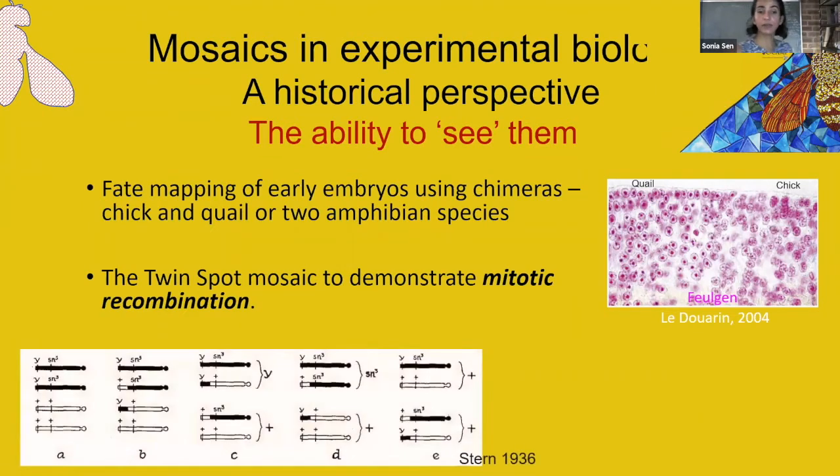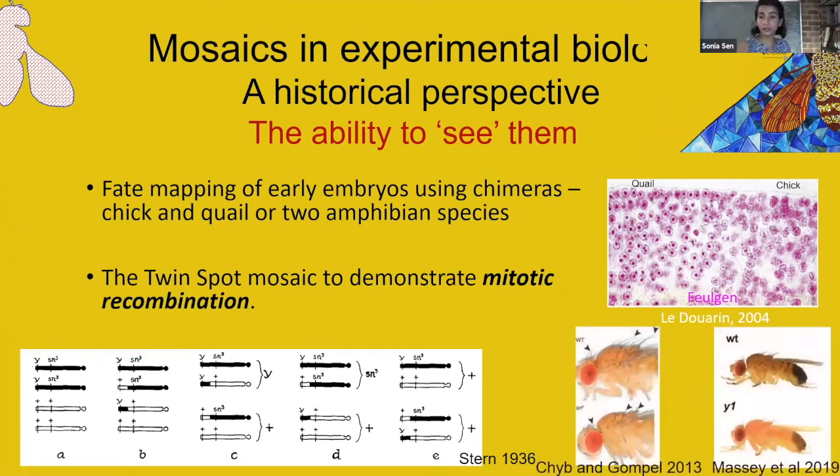In the case of Curt Stern's twin spot, where he was able to deduce these very careful mitotic events that would lead to a yellow or a singed, it was his ability to see yellow or singed phenotypes. That's just to give you an idea. Usually flies on their thorax have nice long bristles and some short bristles.